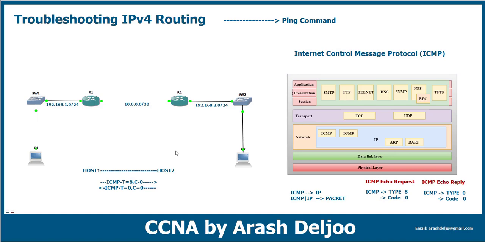We can easily send ICMP type 8 code 0 from one host to the other host, and when we receive the reply, this means that we have connectivity. But if you don't receive the ICMP echo reply, meaning ICMP type 0 code 0, this means that we have a problem in connectivity.